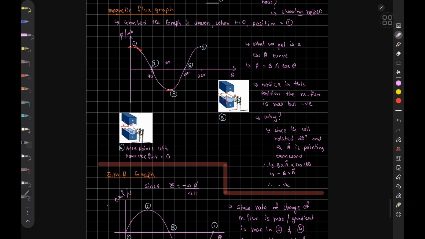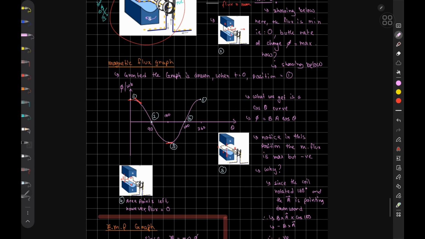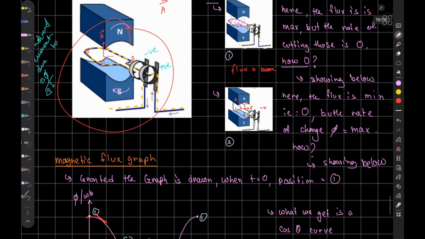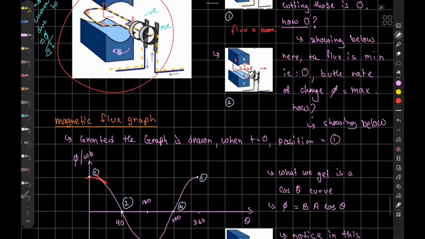Over here, what is it? It is the maximum gradient, steepest slope, but negative. But over here, it is going to be the positive value, and it is the maximum EMF induced. And what position is this? 90 degrees. This is the position we're talking about, position 2.